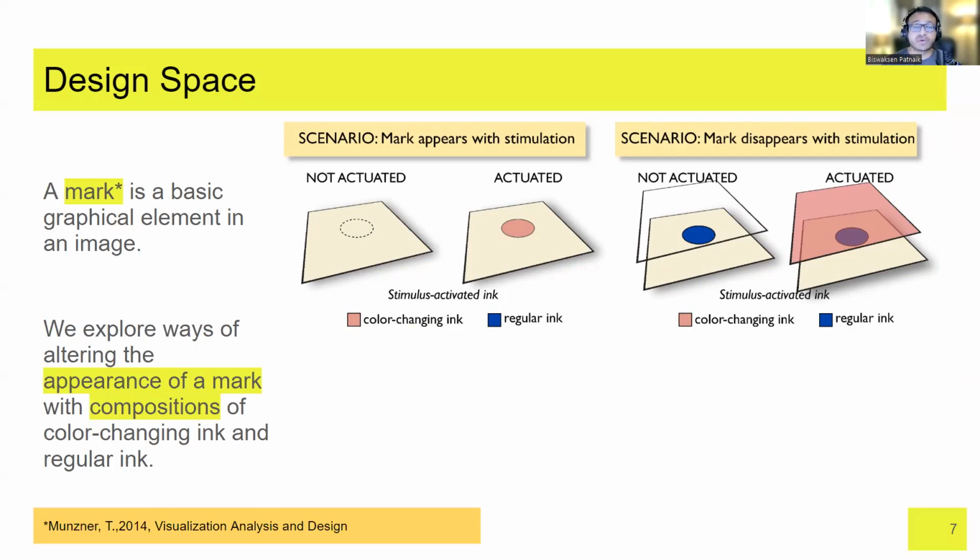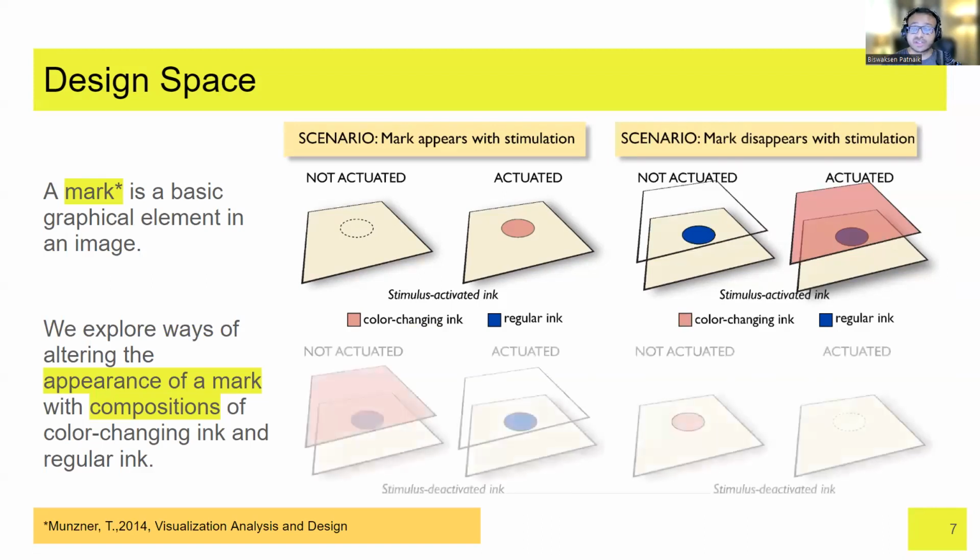One is made of regular ink, and the second is made of the color-changing ink. Let us have the mark painted with a regular ink on the bottom layer, and we have the color-changing ink on the top layer. When it's not actuated, the color-changing ink's appearance is colorless, thus we see the mark. But upon actuation, the top layer becomes colored, thus making the mark disappear.